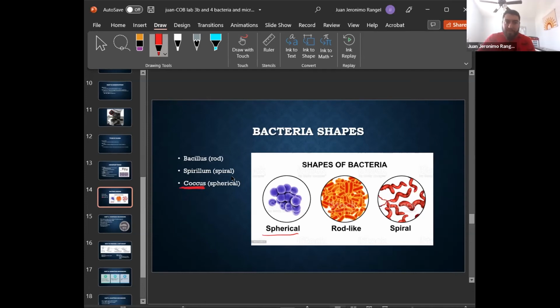Then we also have these rod-like ones. Those are bacillus. Then we have the spiral ones. These are spirillum. So those are the basic shapes of bacteria.